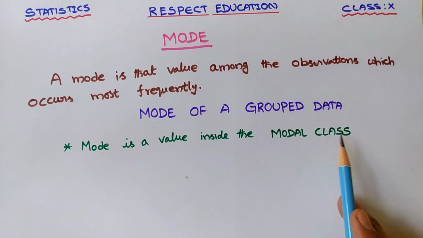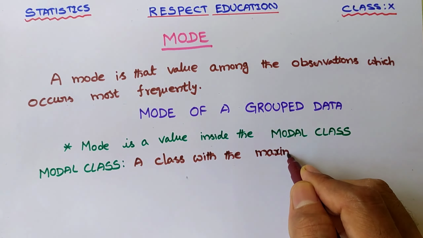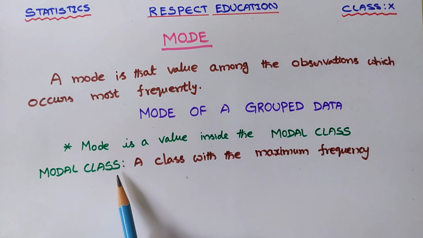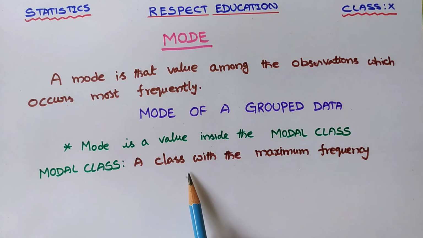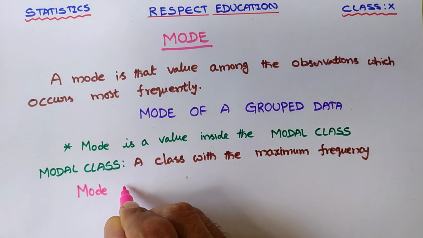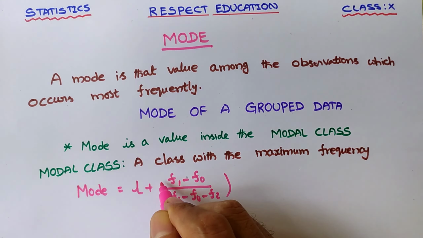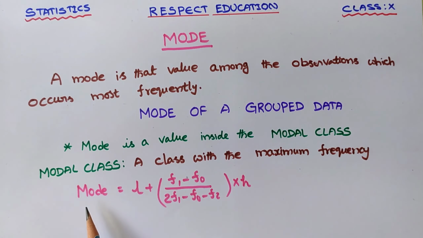Now let us see what is modal class. Modal class is a class with the maximum frequency. Mode is equal to L plus F1 minus F0 by 2F1 minus F0 minus F2 into H.